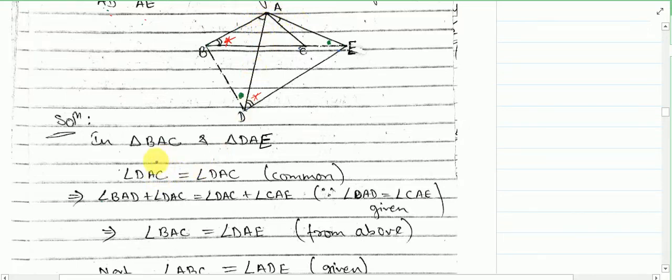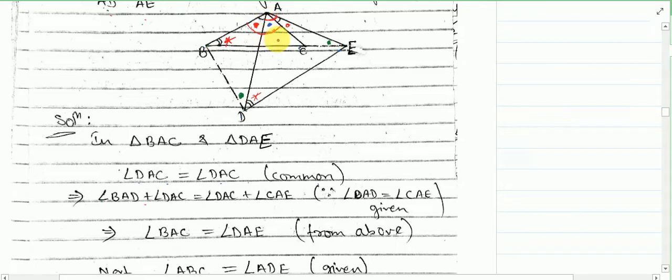So we will write angle DAC is equal to angle DAC, common. We are talking about this angle is common, and these are equal. So since this is common, therefore angle BAD, this angle plus this angle will be equal to this angle plus this angle, and therefore this whole angle will be equal to this whole angle.